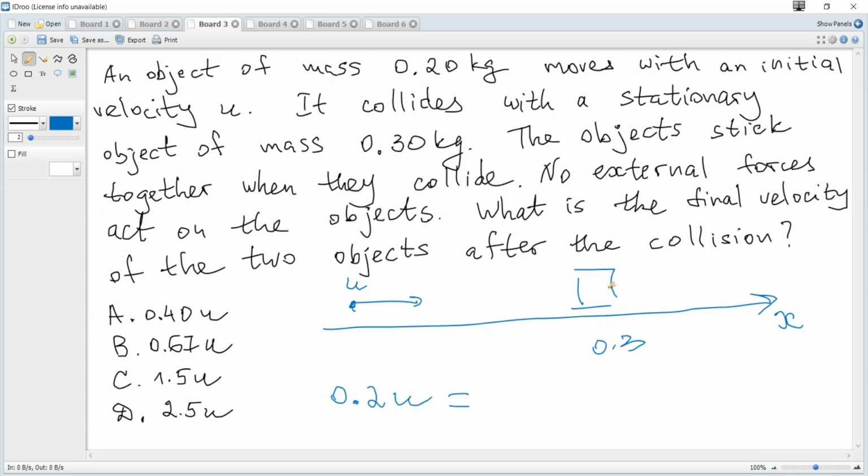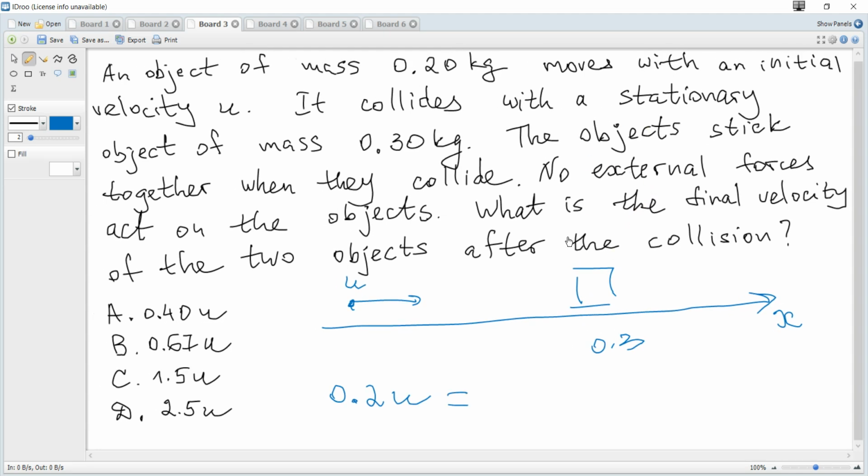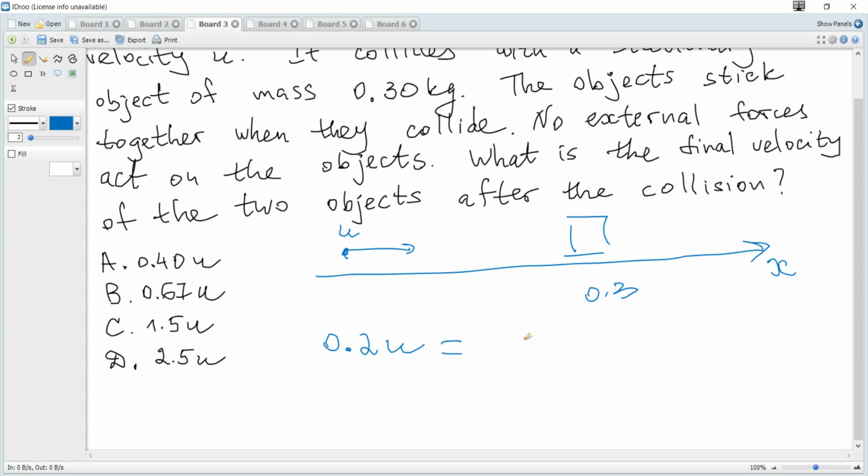After they stick together, we can consider them as one object of mass 0.5, and they will have some unknown velocity, let it be v, and this v should be found.